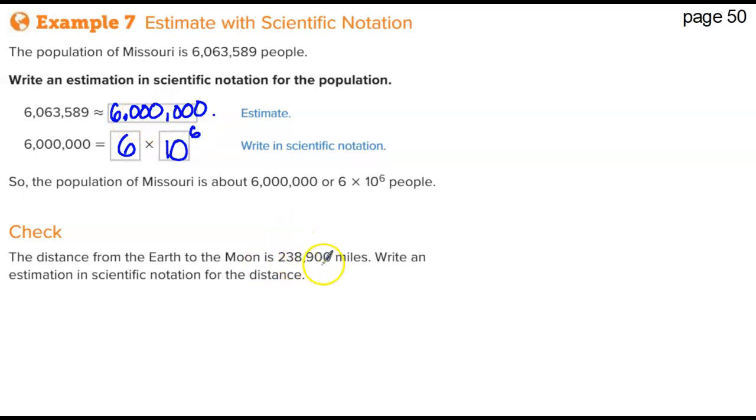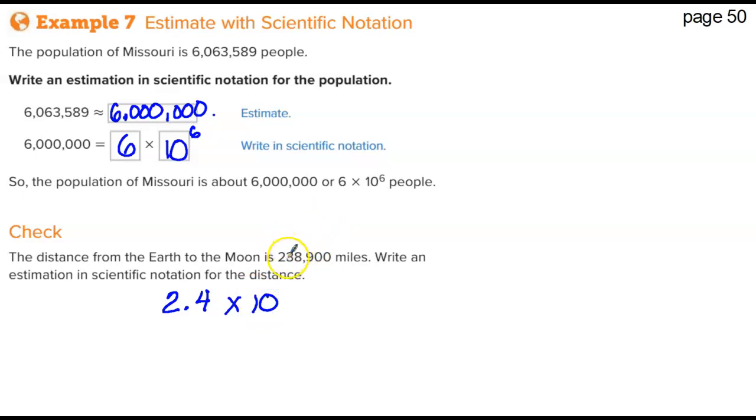Now we have to do it on our own. They're giving us the distance from the Earth to the Moon as this many miles. Now, there's some leeway here. I prefer to have one number to the left of the decimal and then at least one after the decimal. That's my preference. It's not necessary. You could have estimated this at 200,000 miles, but I think 2.4 is more accurate. And why did I choose 4?